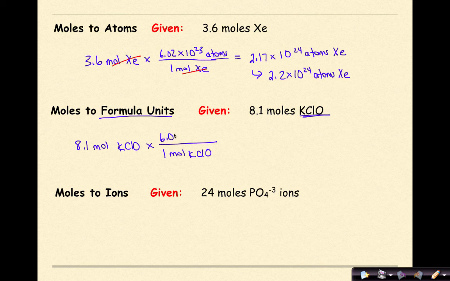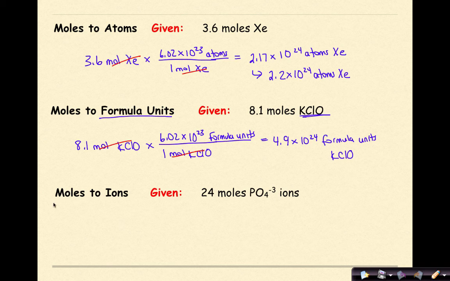So 6.02 times 10 to the 23rd formula units. Yes, I am writing the whole thing out. I want to make sure that this cancels, so moles cancel moles. So then I'm going to do 8.1 times 6.02 times 10 to the 23rd. And when I do this, I get a final answer of 4.9 times 10 to the 24th formula units of KClO.